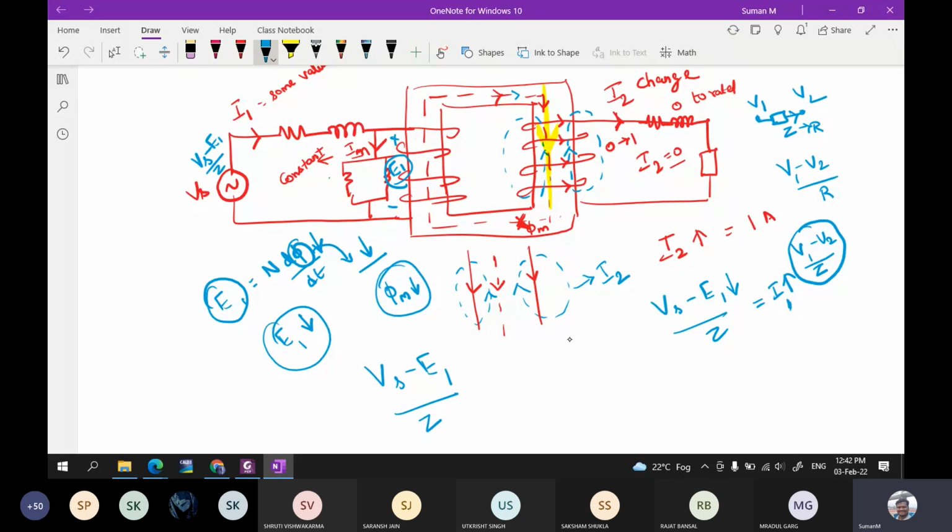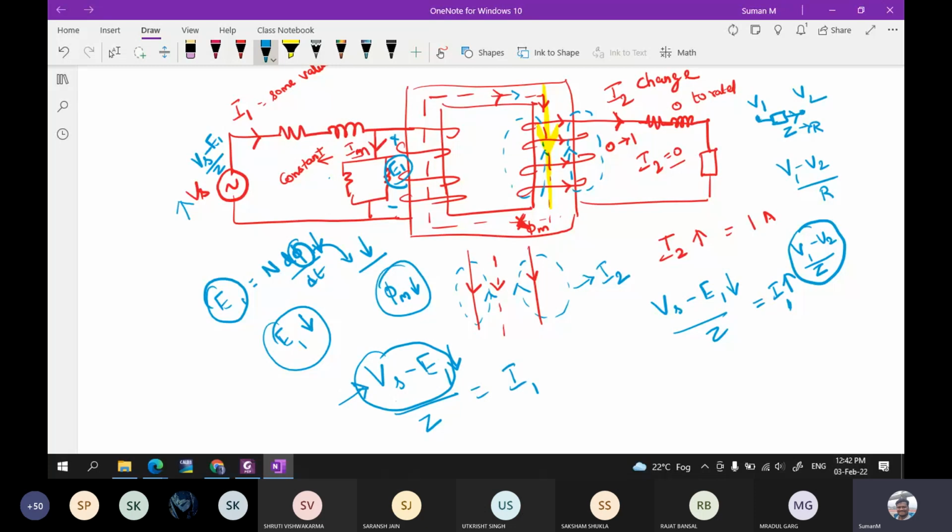For time being, you forget about the shunt element. So the current flowing through that path can be given by Vs minus E1 divided by Z. So when this E1 is decreasing, the difference between those two elements is increasing because this source voltage Vs is constant.